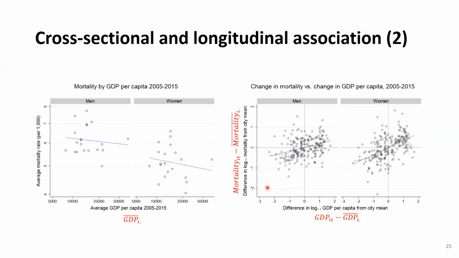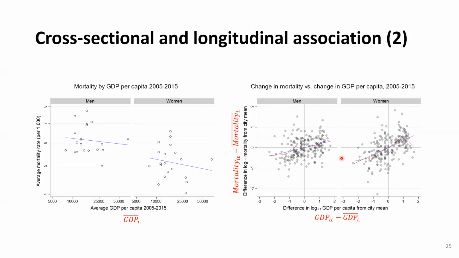And here we look at the longitudinal effect, change in GDP versus change in mortality. When I say change, it is given by GDP at time t minus the mean of GDP.